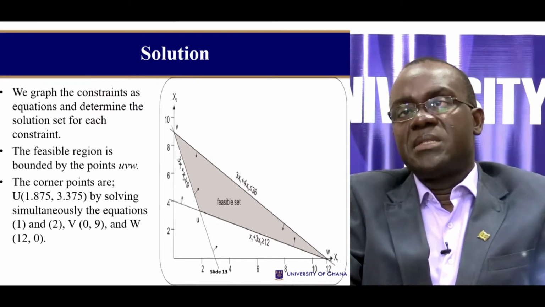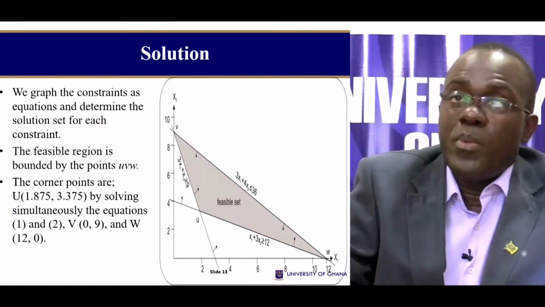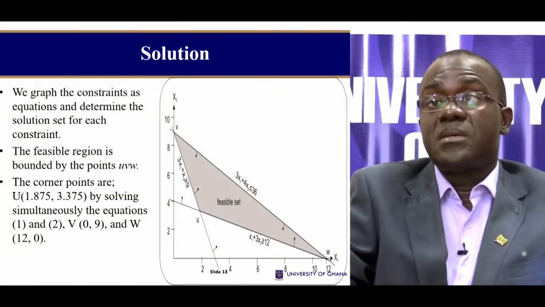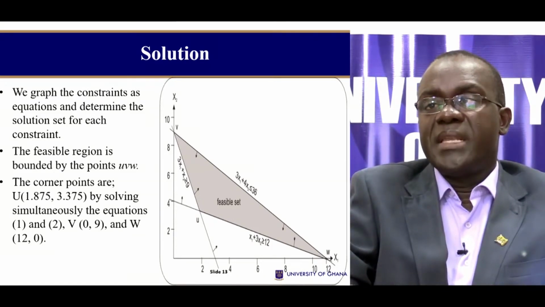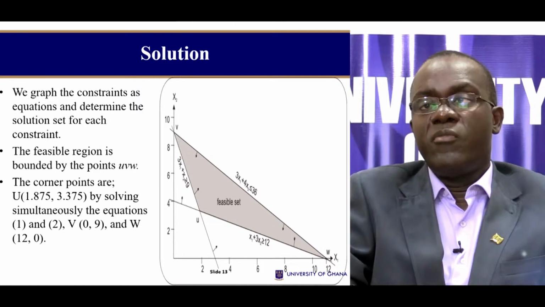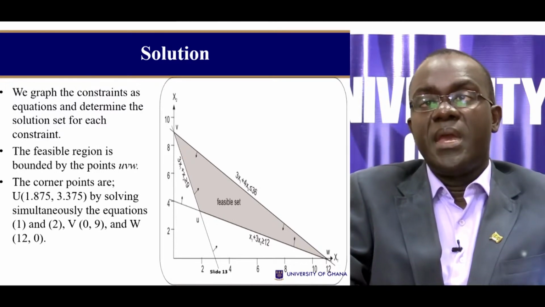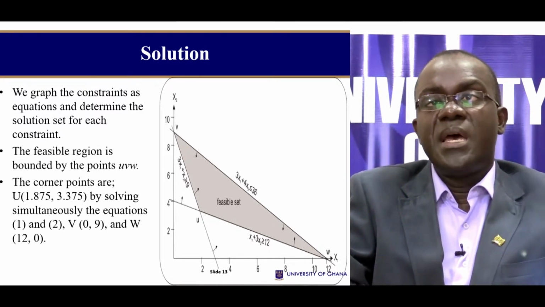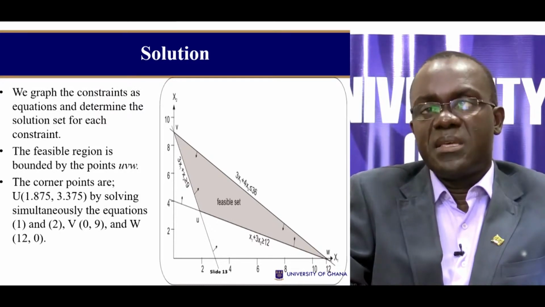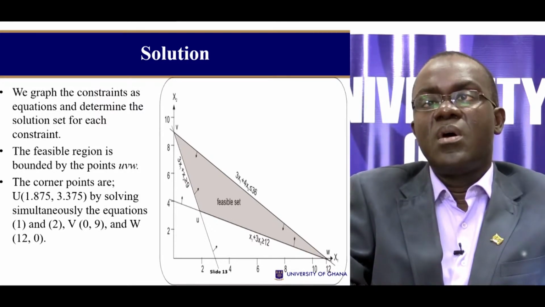As usual, the optimum, or the minimum, will be attained at the vertex. It's not difficult getting to know this point and that point, but here you have to use simultaneous equations to solve for the point here and the point here. Our calculations give us this.